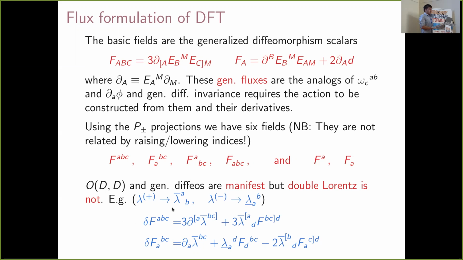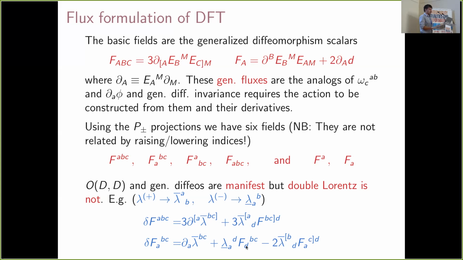Okay, so there are two Lorentz transformations, right? We called them lambda plus and lambda minus before. Now I call the parameters lambda with an overline or underline. So it transforms under the overline one, but that's an antisymmetrized derivative. And then there's also some rotation of the index by this lambda. And then this also has a term that is just the derivative of the overline parameter.